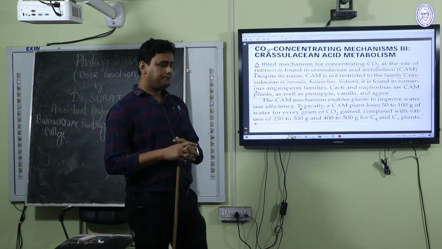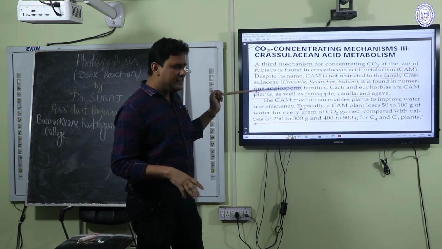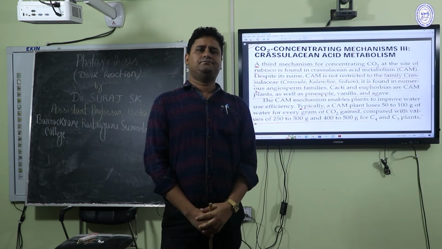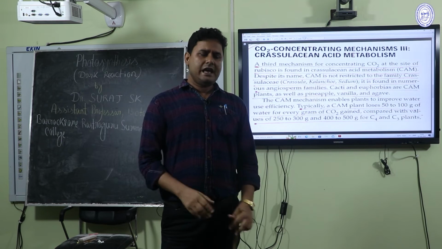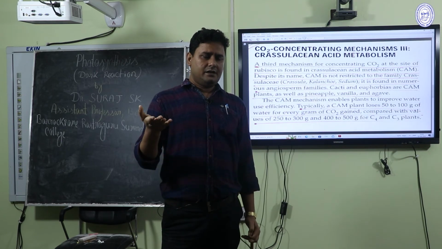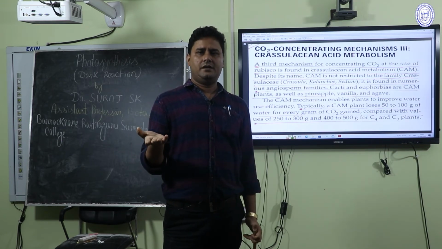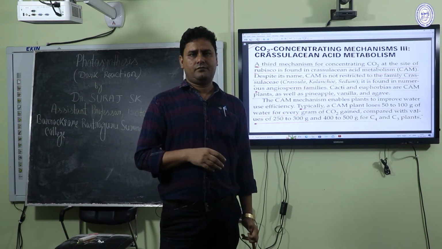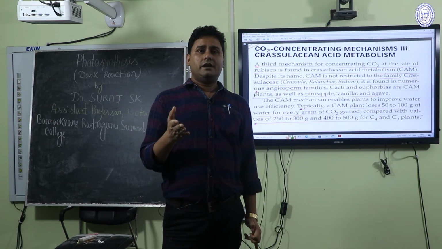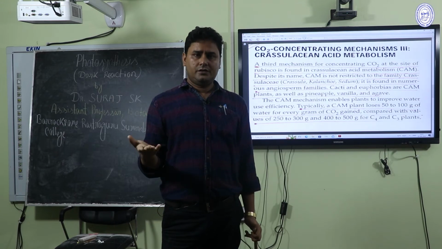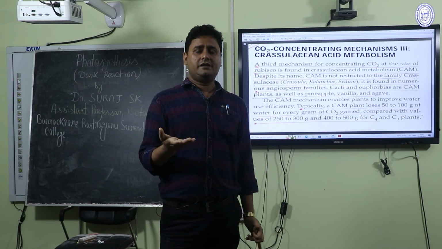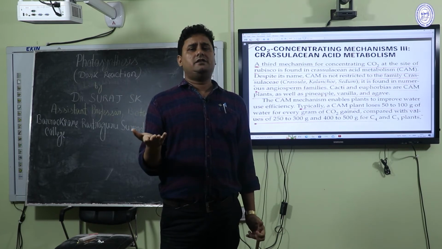So these CAM plants adopt a special type of feature. They open their stomata during night, when the temperature is not so hot, that is, the temperature is cool.